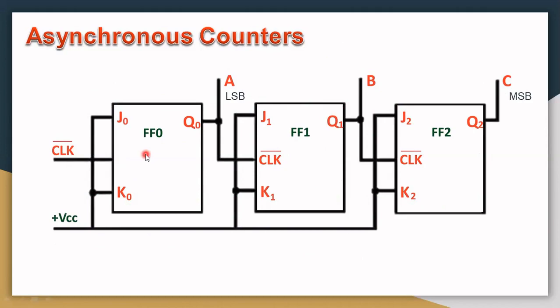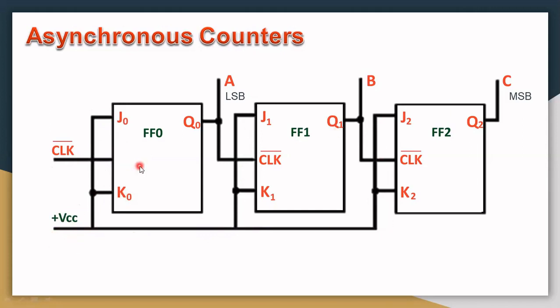All flip-flops used here are JK flip-flops, in which both J and K are connected common to plus VCC, or we keep them always high. So when we check this circuit diagram, all these J and K inputs are connected to a common plus VCC.